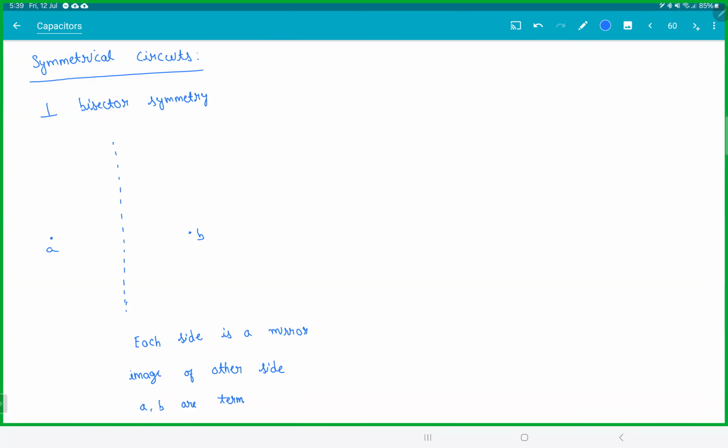First thing, since the left side and the right side are exactly identical, all the points in the middle will be midpoints. The bisector would be equipotential.